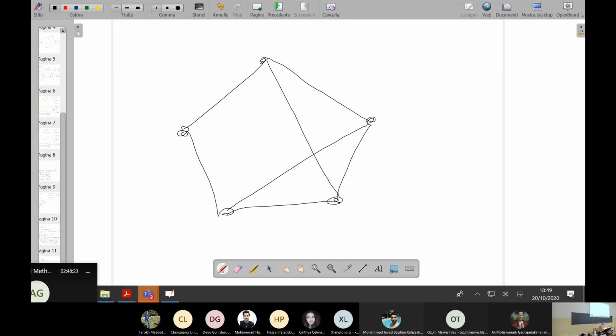What's the complementary graph? Let's say this is our graph. Now what's the complementary graph? I put there in red the same vertices, and I put in red the missing edges which would build the complete graph. So our original graph is this.